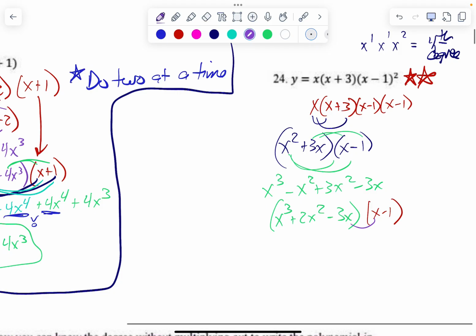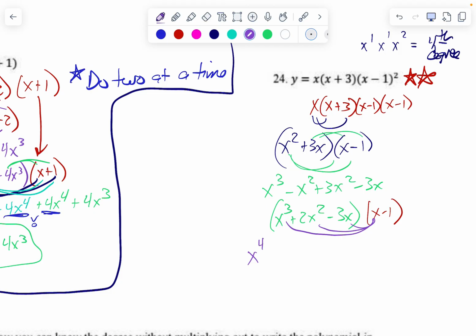Sophia suggested going this way with it, which is fine. We'll get x to the 4th, x times x cubed, and then plus 2x cubed minus 3x squared. And then do the same thing with the 1 all the way across.